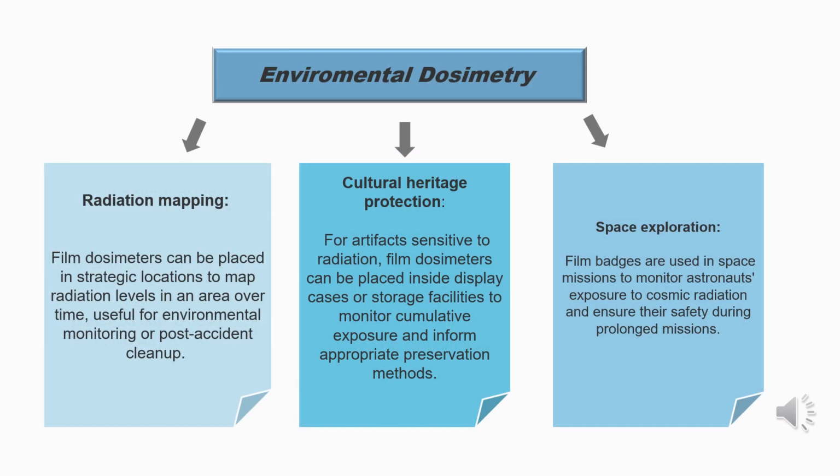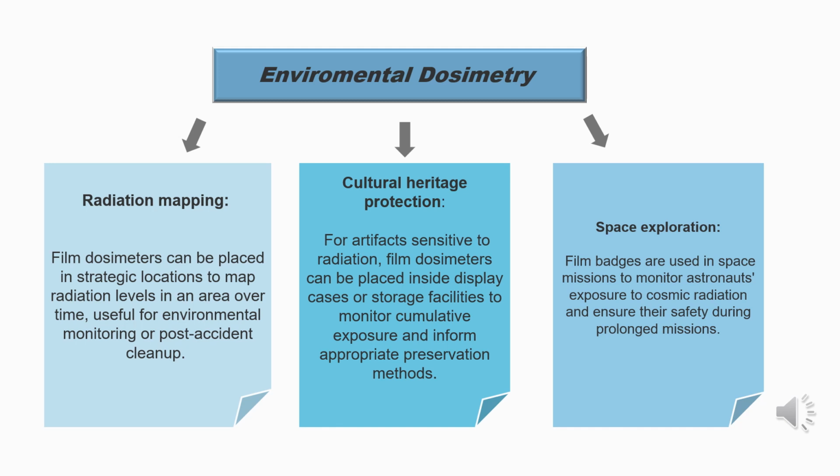And environmental dosimetry, we can use it in radiation mapping. Film dosimeters can be placed in strategic locations to map radiation levels in an area over time, useful for environmental monitoring or post-accident cleanup. Cultural heritage protection for artifacts sensitive to radiation.